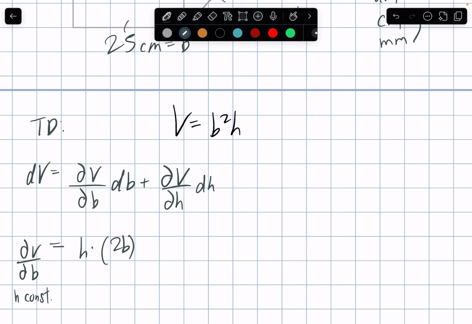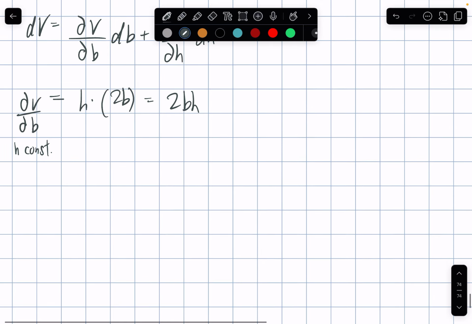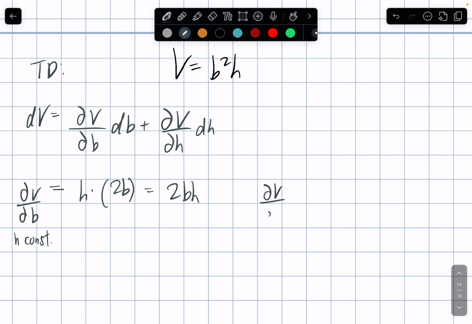Don't be confused. In total differentials, you don't write dB afterwards. That's not the case. You will do that later, but just not here. So the answer is going to be 2BH. How about partial V over partial H? So B is going to be considered a constant.